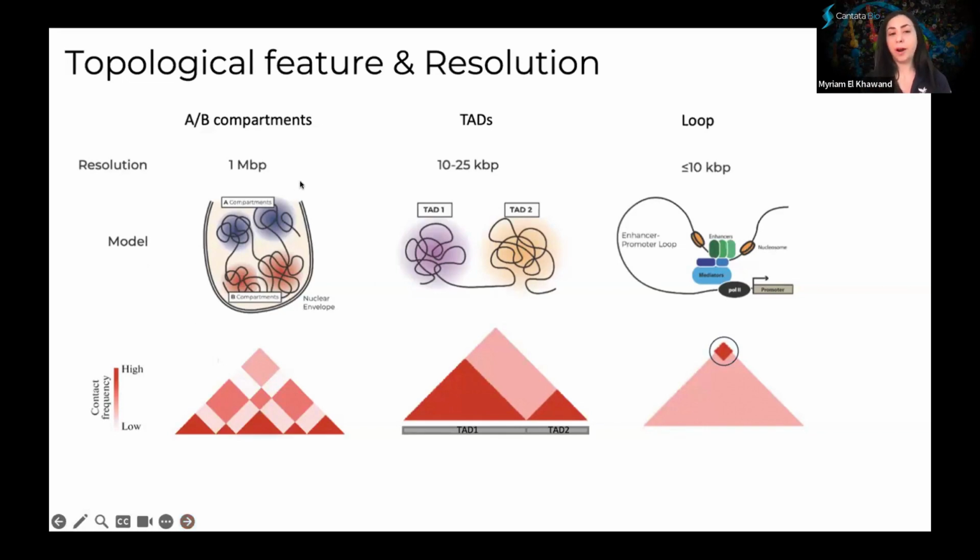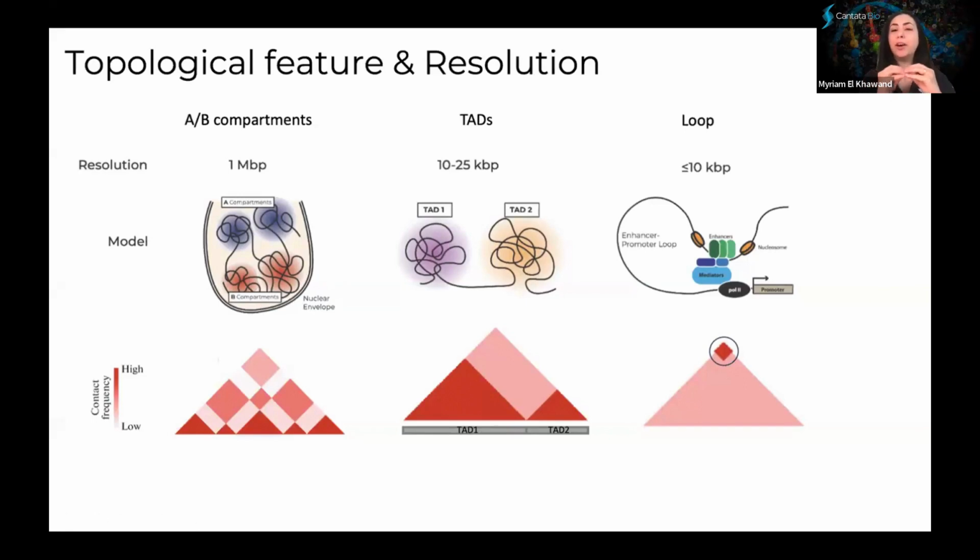For the AB compartments, they're usually called at 1 megabase pair resolution. So you really need a low resolution to call these AB compartments. As I mentioned earlier, the A compartments are the open and transcriptionally active compartments, and they're usually located closer to the center of the nucleus. The B compartments are the repressed, gene-depleted, and closed chromatin that are usually located closer to the nuclear envelope.